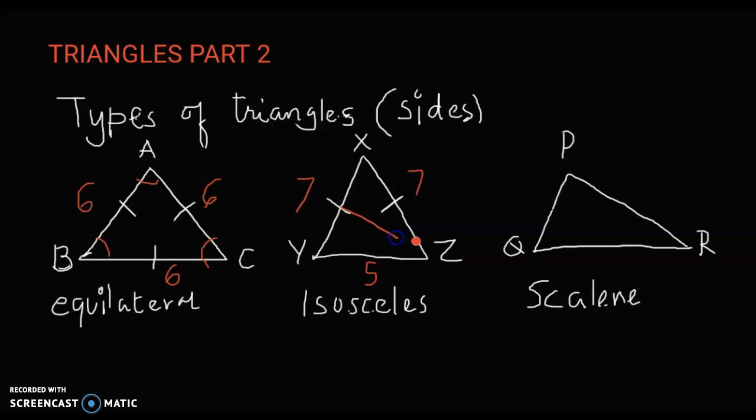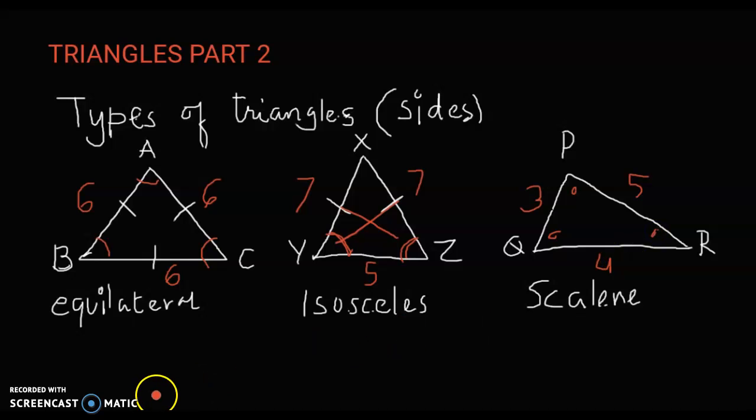So opposite to this angle is equal to opposite of this angle. These two angles are opposite the equal sides, and here the sides are not equal. You could have this as 3, this as 4, and this as 5. So none of these angles will be equal.